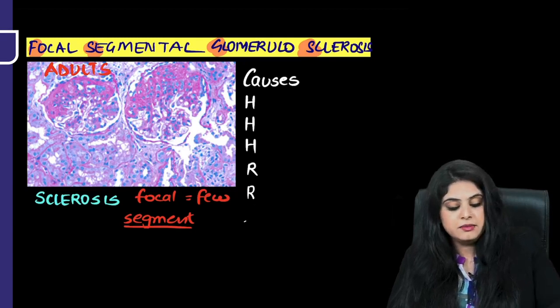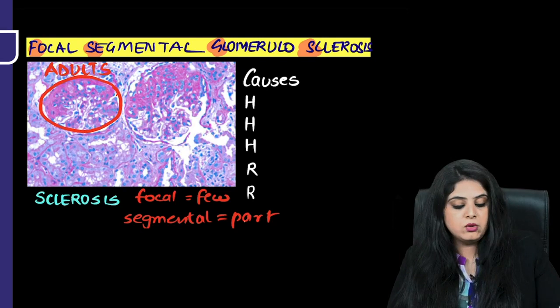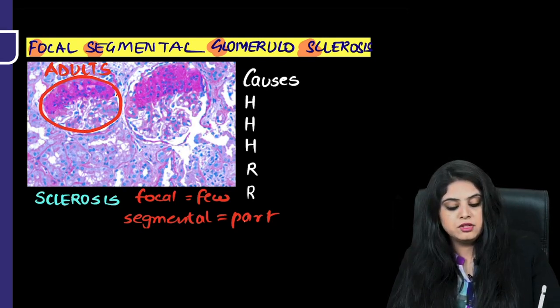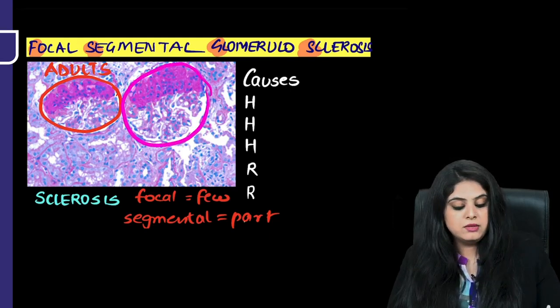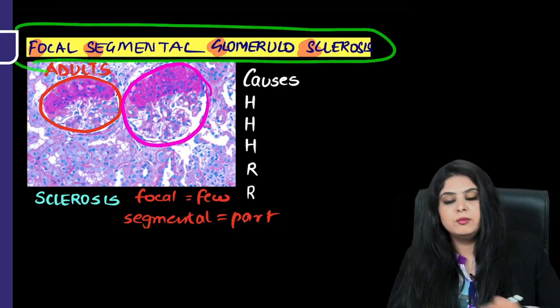And segmental means that only a part of the glomerulus is affected. See, if you see this glomerulus, has it become entirely sclerosed? No, only the pink. Sclerosis matlab pink, only in one part of the glomerulus. Over here also one part of the glomerulus, not the entire glomerulus. So remember, focal means few and segmental means part. That is focal segmental glomerulosclerosis.